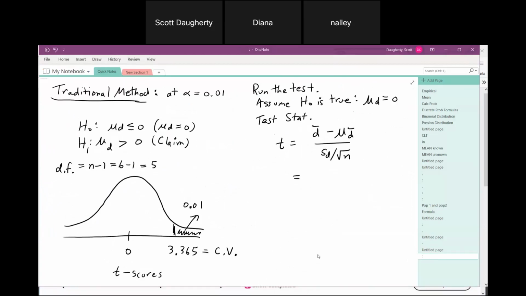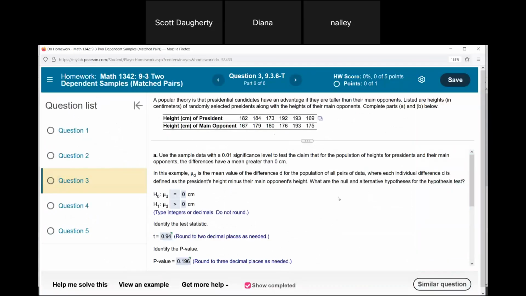Well, what is D bar? D bar is the average of the differences from the sample. So if you look at the sample here, there are 6 matched pairs in our sample. We're going to find the difference in each of the matched pairs, and those are going to be our 6 D values from our sample.